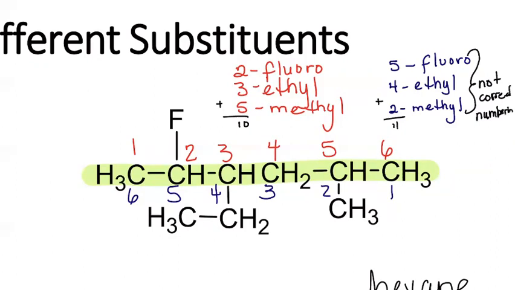Remember, this trick is for when you have multiple of the same. So if you don't know which direction you want, write them in both directions. And then if you add them, the one that gives you the lowest value, that's going to be the right numbering.